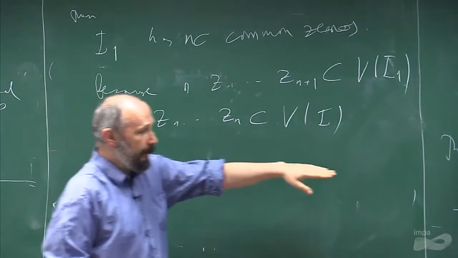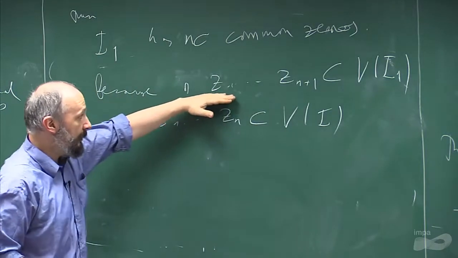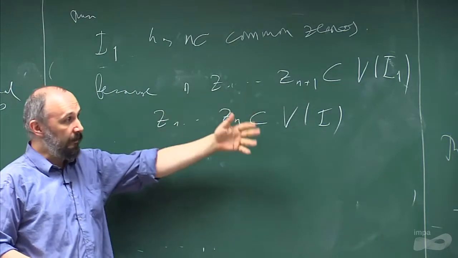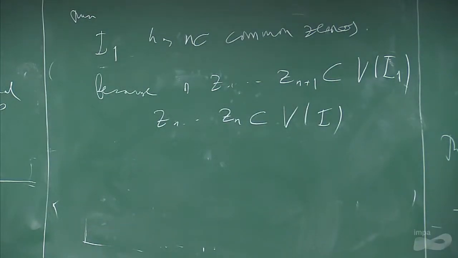Because the functions from I don't care about the last variable, and they vanish on the common zeros of the first. So it's like a cylinder.